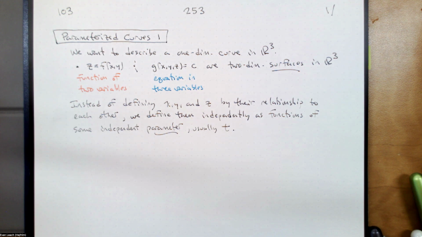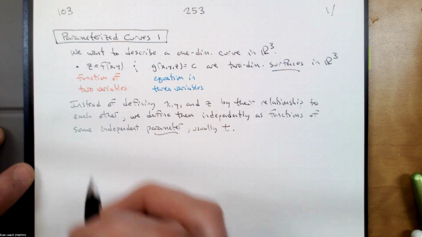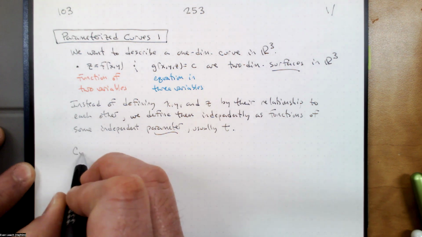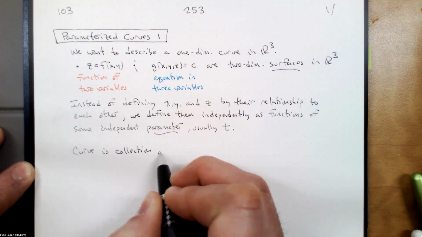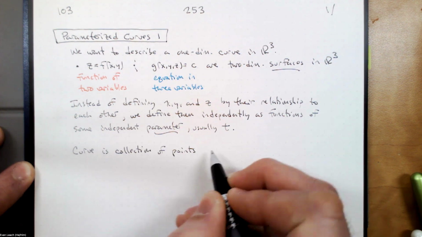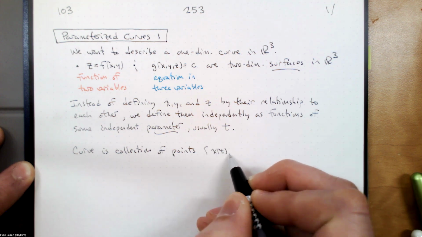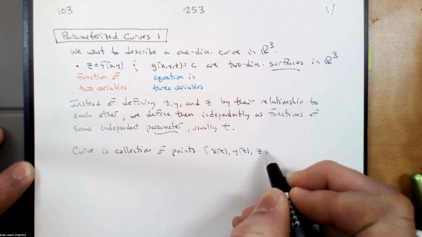Usually we'll use the parameter t, because calculus is essentially an engineering class, we're looking at change. We're going to be looking at change over time, so that's our default. So the curve is the collection of points x of t, y of t, z of t.